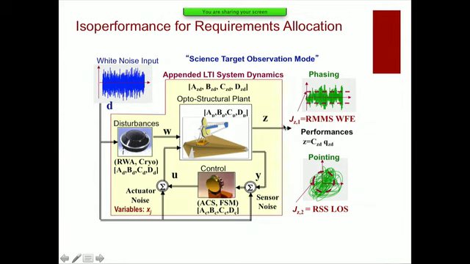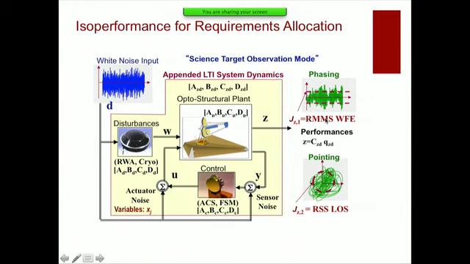And the big thing you need to do is point and be very, very stable for a long time to take in these very, very faint images. So we have wavefront error phasing requirements, and then we have these pointing requirements. You've got to point very stably.